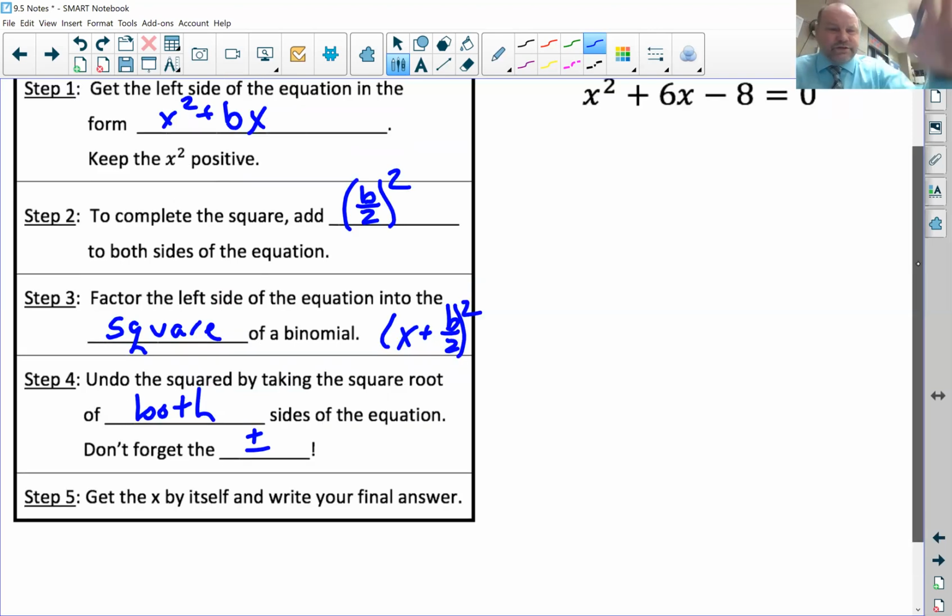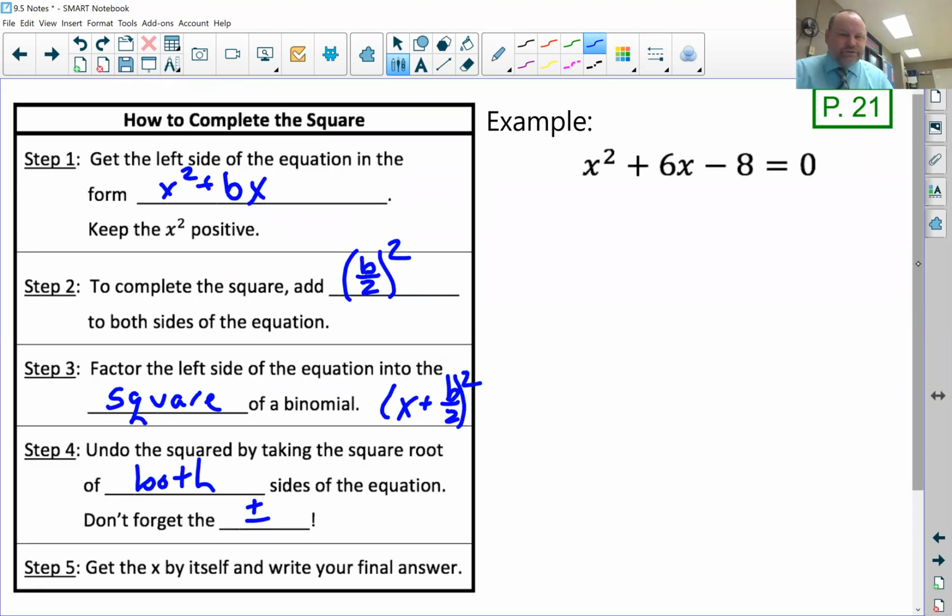So if we just keep those steps in mind, step 1, get the left side so it's x squared plus bx. So all of the terms with x's are on the left-hand side. For that to happen, we would need to add 8 to both sides of our equation.